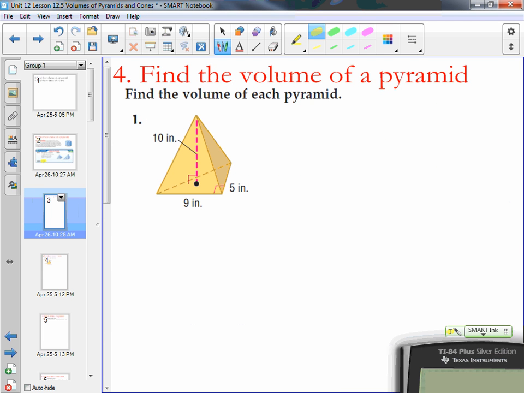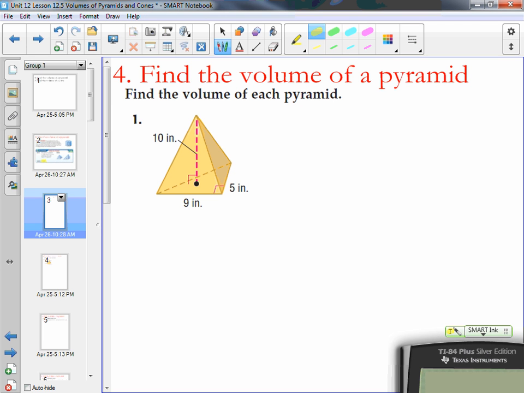Let's start with number 1. Over on page 860, find the volume of each pyramid. Now, like we had to do yesterday with the prisms, we need to identify the base. And remember that the height of the pyramid must be perpendicular to the base of the pyramid.